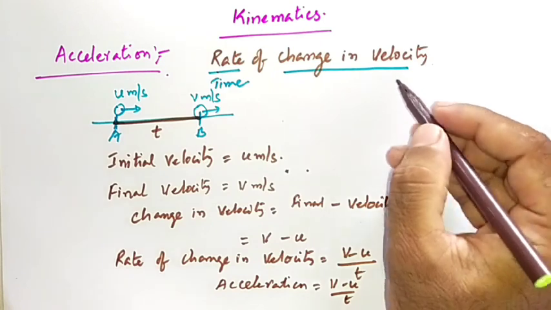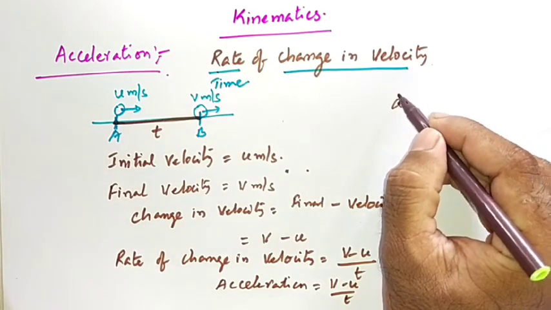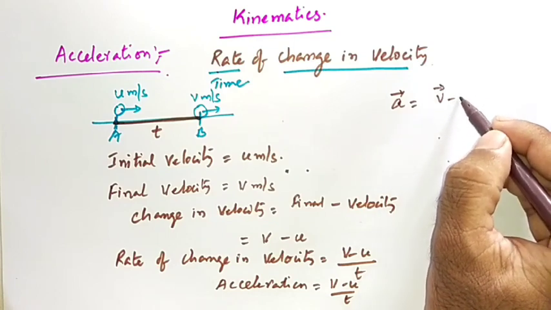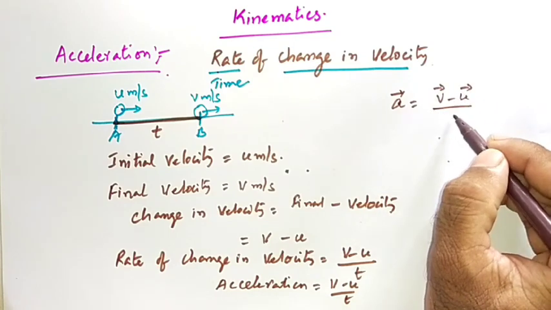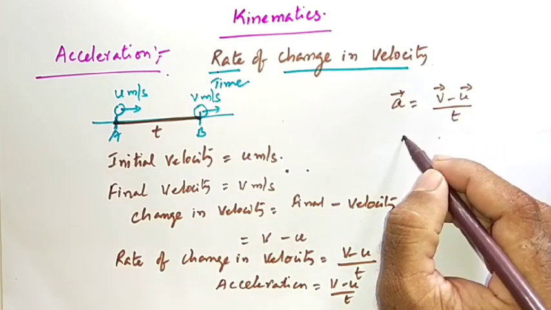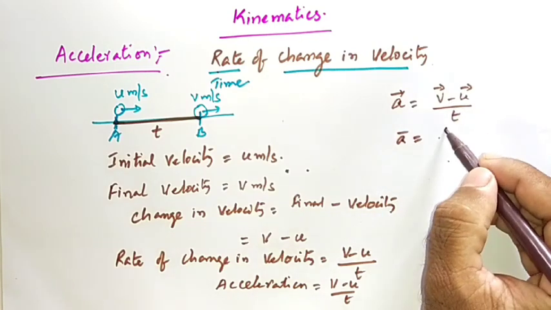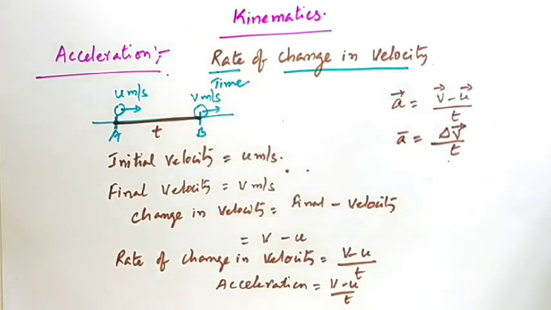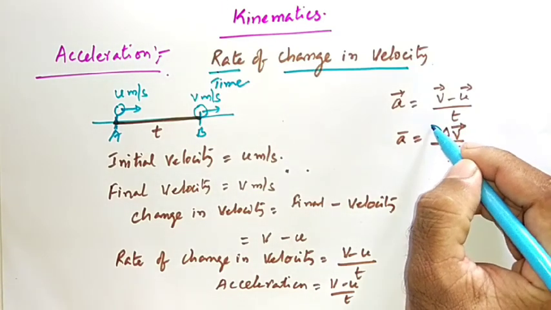Therefore acceleration is denoted with the letter a. It is a vector quantity: final velocity minus initial velocity, by time. Understood? This v minus u you can write as the change in velocity, delta v. This delta represents a small change.